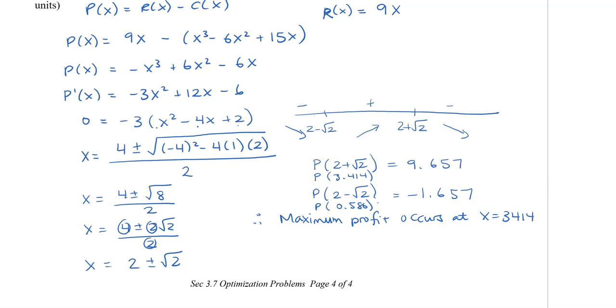So when I produce 3,414 items, I actually have a maximum profit, and that profit is $9,657. But there's actually a loss, so a minimum profit, you can say, or you can call it a maximum loss.